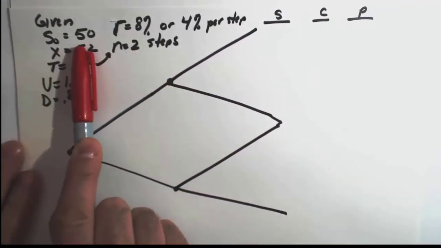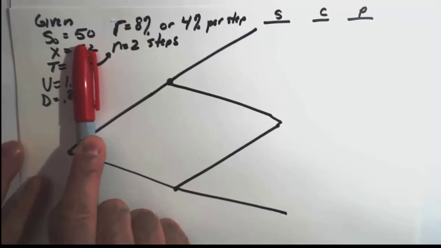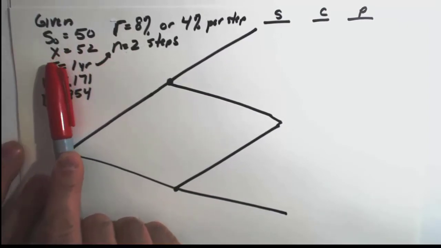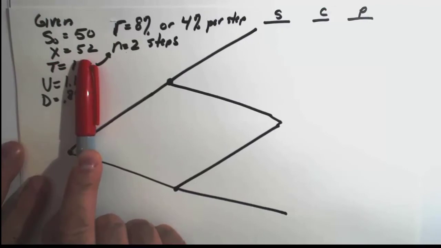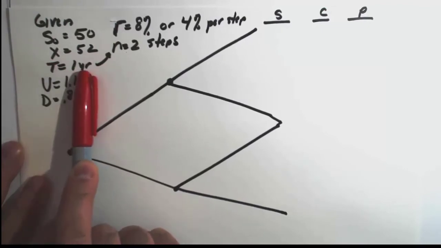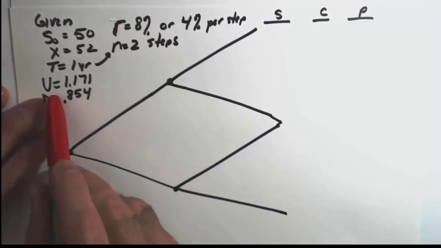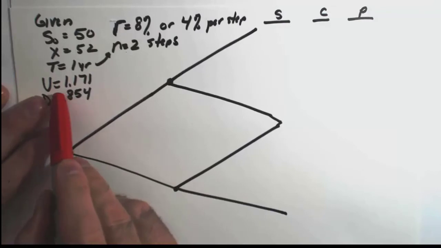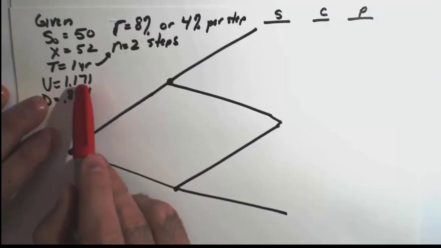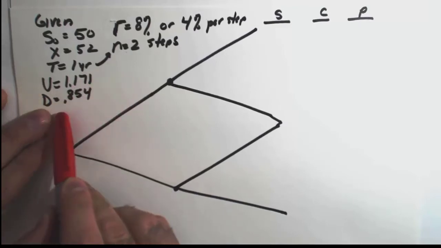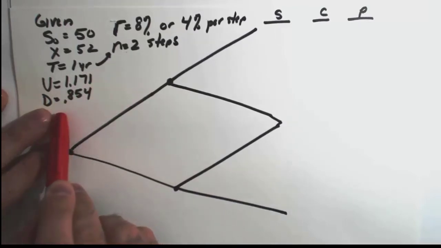Before I get into this lattice work, let's look at what's given. We observe a stock price, say on the New York Stock Exchange, of $50. There's an option out there with a strike of 52. T is 1 year. And now here are things you haven't seen before: U. We're going to look at how much the stock can go up in a particular step, and how much it can go down by a particular step.